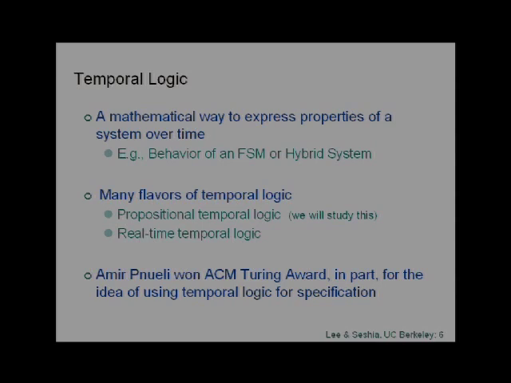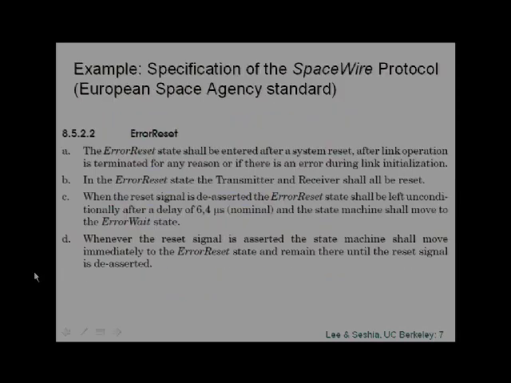Okay, so I want to give you an example of the kinds of real specifications that are written in practice. So here's a small snippet of the specification document of what's called the SpaceWire protocol. SpaceWire is a European Space Agency standard for communication on board their spacecraft, and they proposed it, I think, around 10 years ago. And now it's used quite a lot, not just by the ESA, but I hear also by NASA and the Japanese agency.